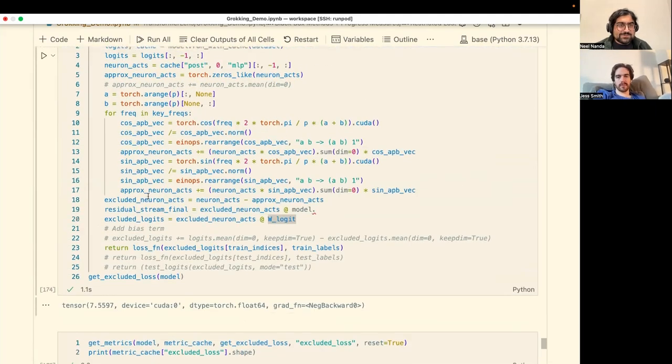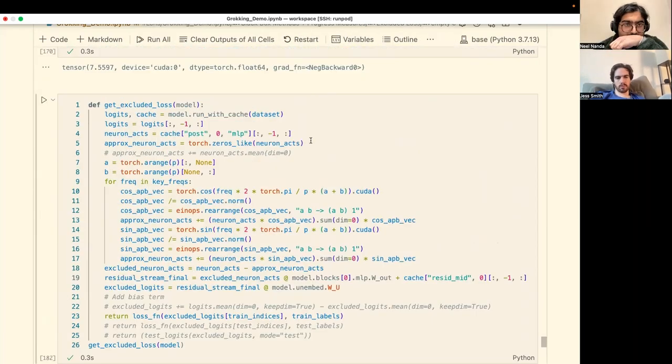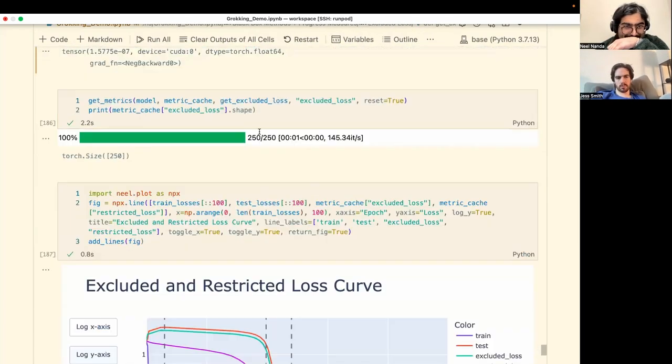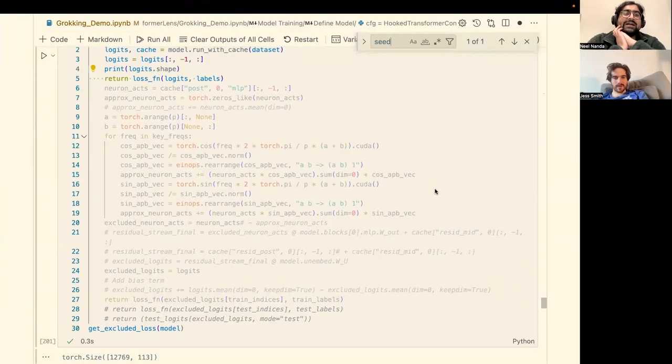So let's get back to computing the excluded loss, where I noticed this because everything broke. Cool. Okay, so something is broken. You don't really get how it's broken. All right.